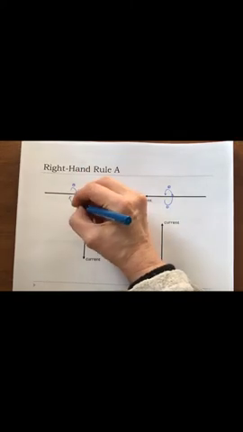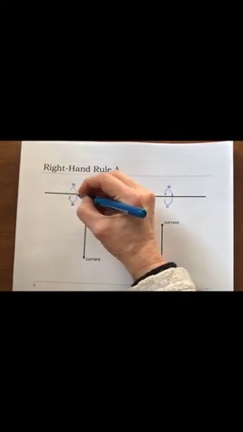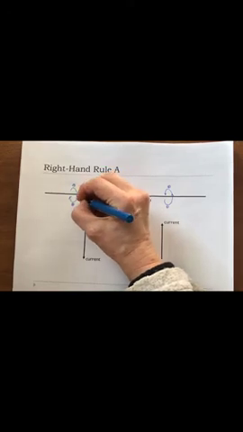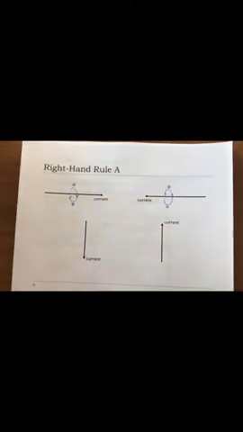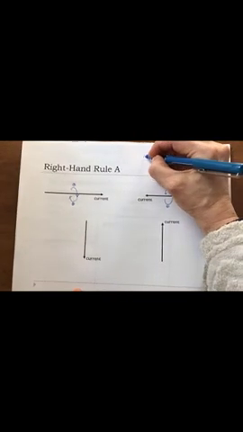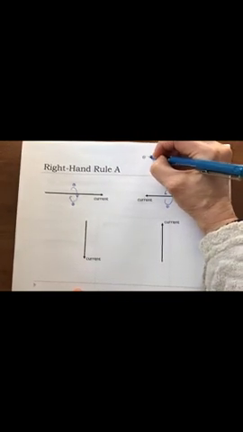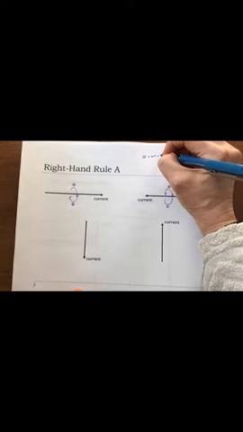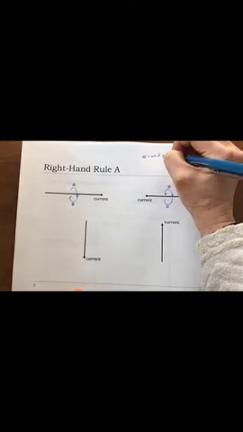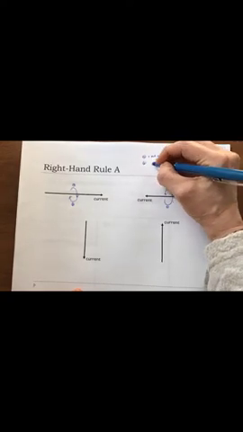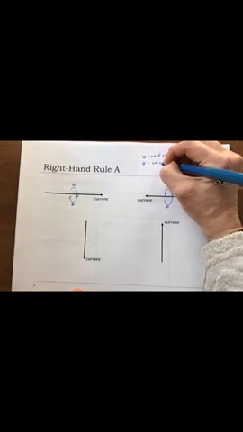Out of the page above, into the page below. Directly above the wire, it would point towards the bottom of the page. Directly below the wire, it points towards the top of the page. And remember the arrow notation. This means out of the page. This means into the page.